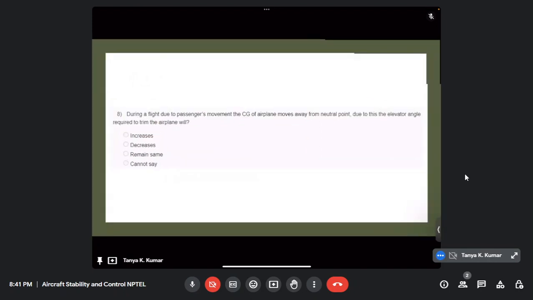Okay. Now, during flight, due to a passenger's movement, the CG of the airplane moves away from the neutral point. Due to this, the elevator angle required to trim the airplane will be. It's a very tricky question. Just look at it. Again, this was a question that we had done before. Just look at it and tell me.